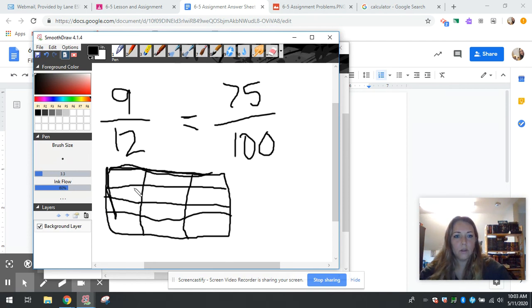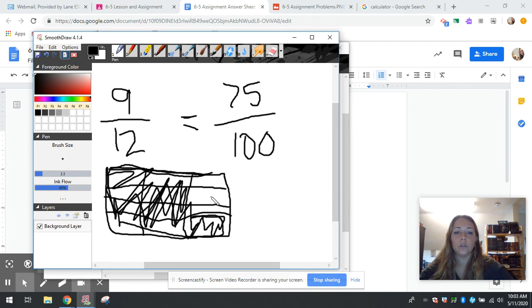Now I have 1, 2, 3, 4, 5, 6, 7, 8, 10, 11, 12. If I had 9 of these 12 pieces colored in, pretend it's 9 out of 12, and I cut these up into even smaller pieces, so small that I had 100 pieces, it would still be 75 shaded in if I were to go back and recount them, because these are equal.